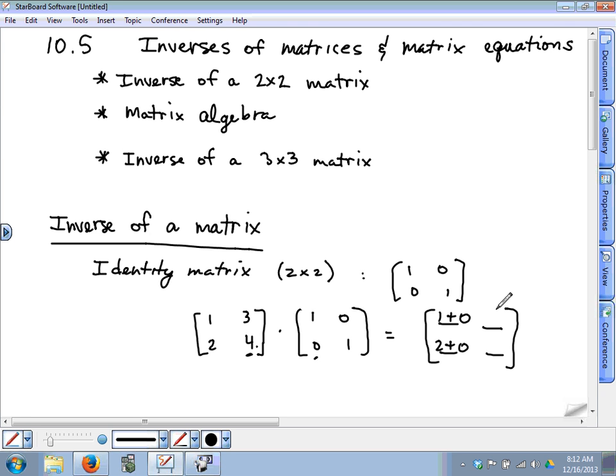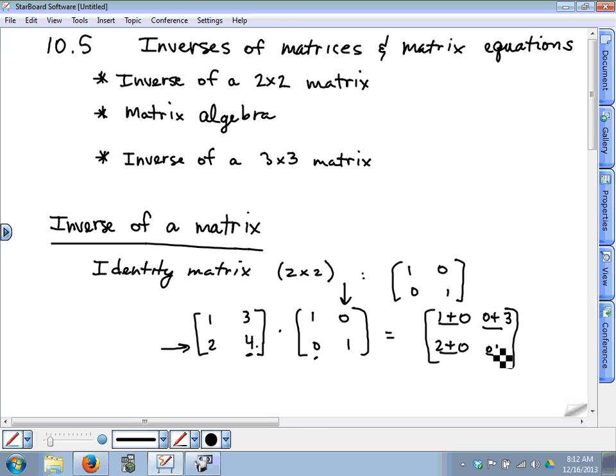Move over to the next entry here. This is row 1, column 2. What is that entry going to be? 0 plus 3. And then we go down to row 2, column 2.